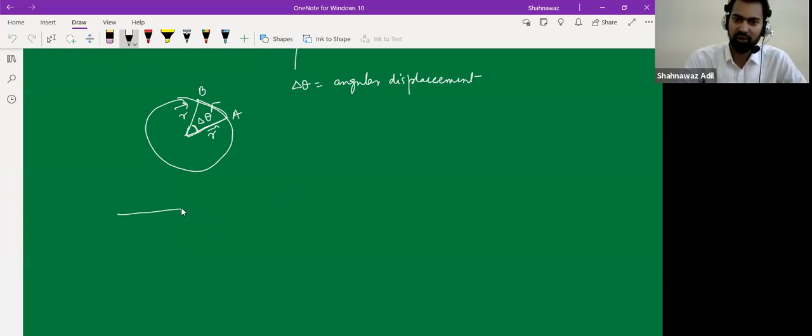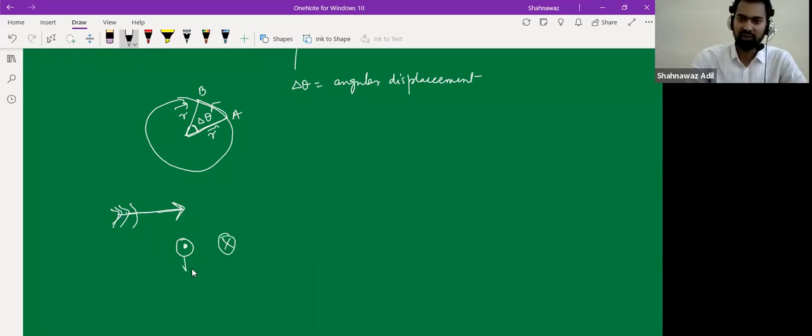So the arrow is like this, right? And if you see this arrow from the front, what will you see? This arrow is coming at you, right? So this arrow will be like this. And when you see this arrow going away from you, from behind, it will appear like this.